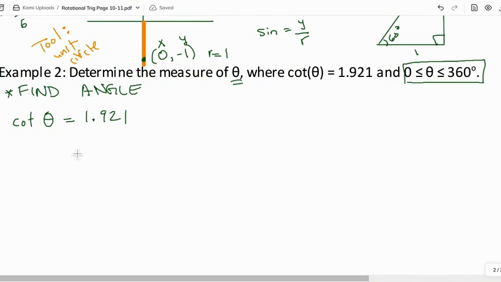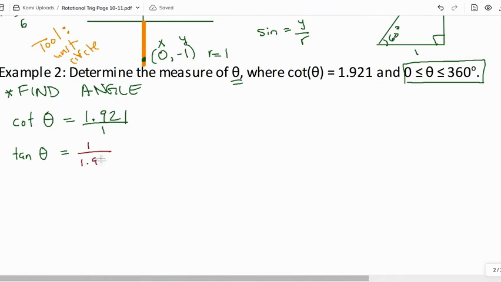Okay. So again, I don't have a button to find the cotangent inverse. But what I do know is that tangent of theta, how do I write that? Yes. So if I write 1.921 as a fraction, then I'm like, oh, so tangent of theta is 1 over, right?